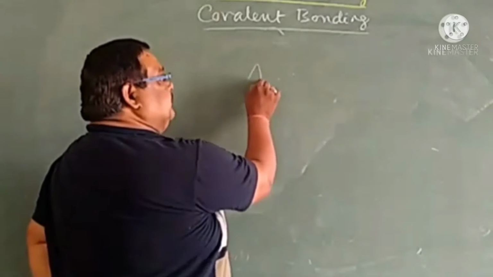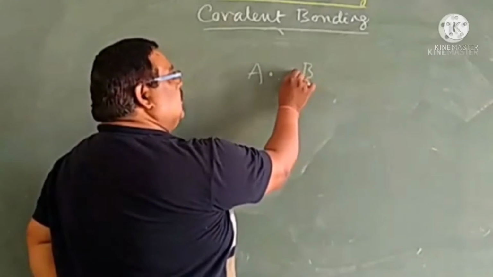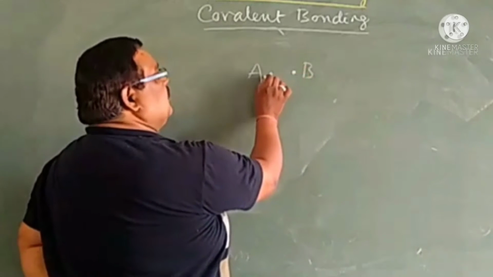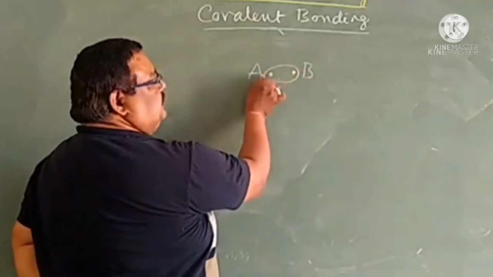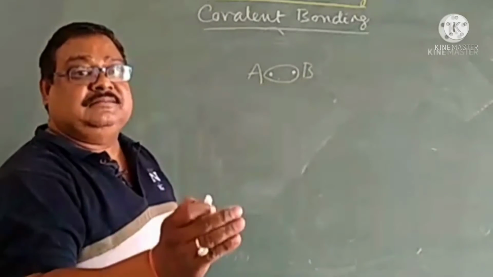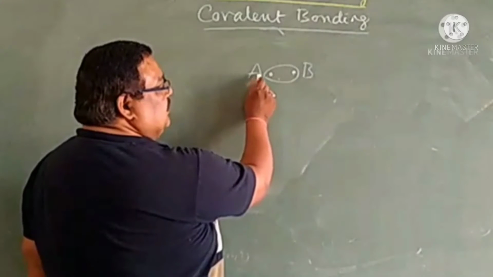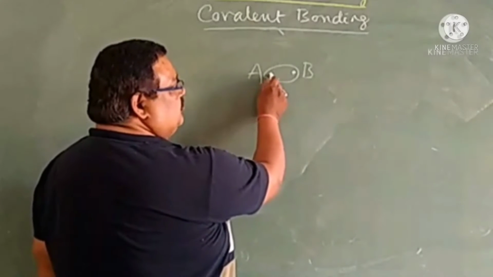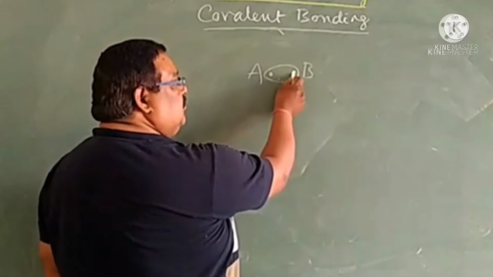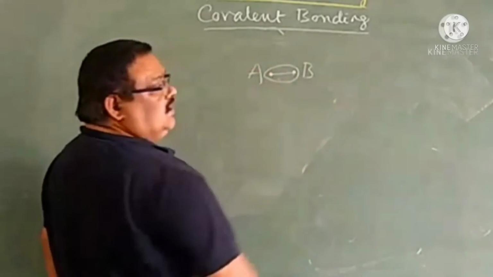Suppose atom A shares one of its valence electrons, and atom B also shares one of its valence electrons. Equal numbers of electrons are shared between the two atoms. The bond formed is a single covalent bond.